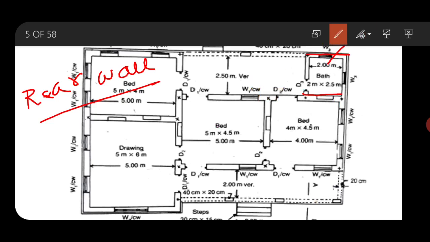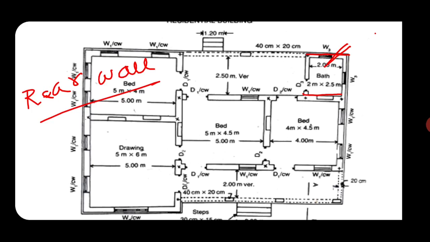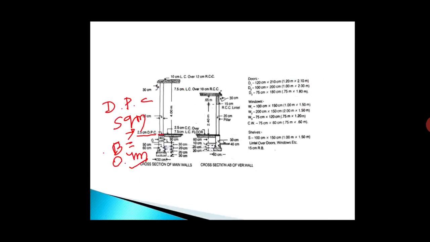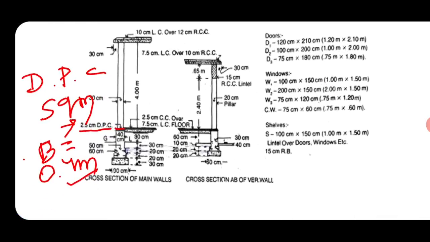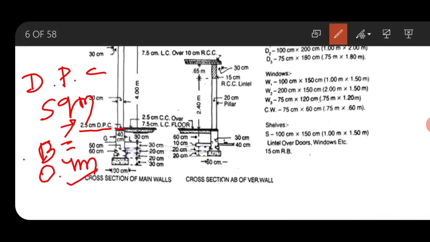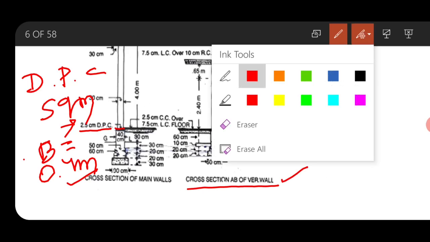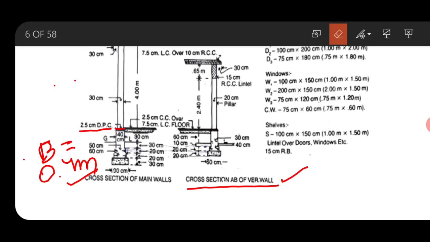So for the calculation of this rear wall, we have to go for the cross sectional details. So this is the cross sectional detail of the 20 centimeter wall. As the bathroom wall consists of a 20 centimeter wall, we will refer to this 20 centimeter cross section.